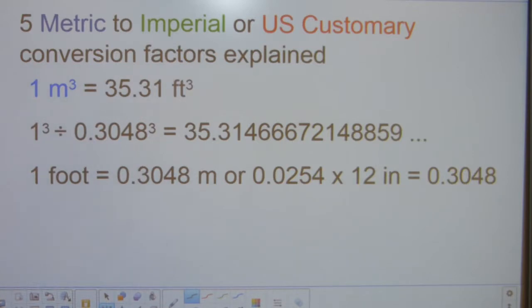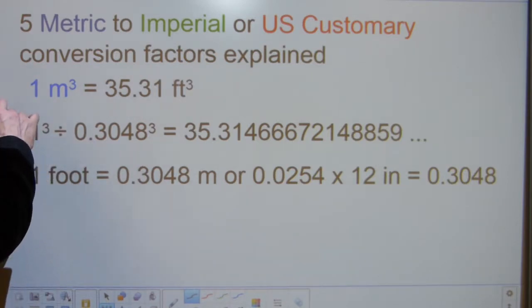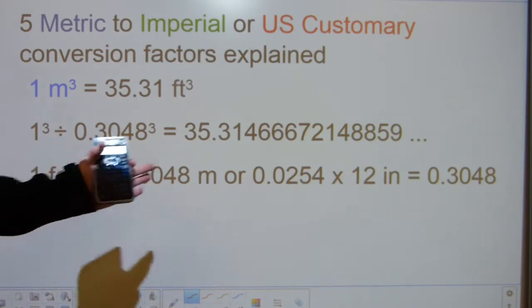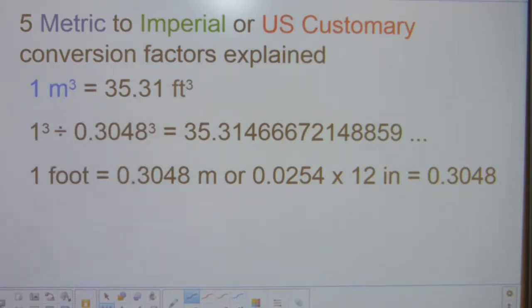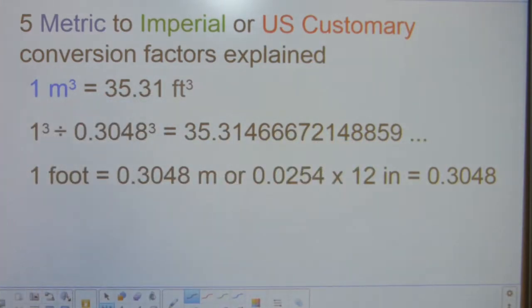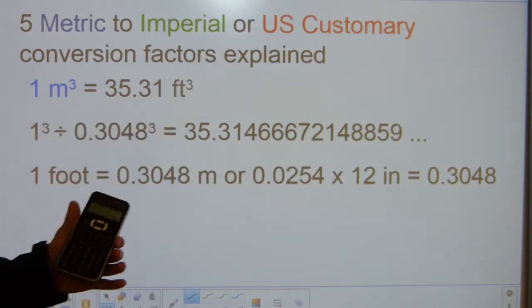Okay, so that's the visualizing part, the explanation of what this means. Now let's look at where this number comes from. I'm going to show you just once how this calculation looks. The first number is 1 cubed, and you will get 35.31 with all of its beautiful decimal places, depending on how long your calculator's display is.